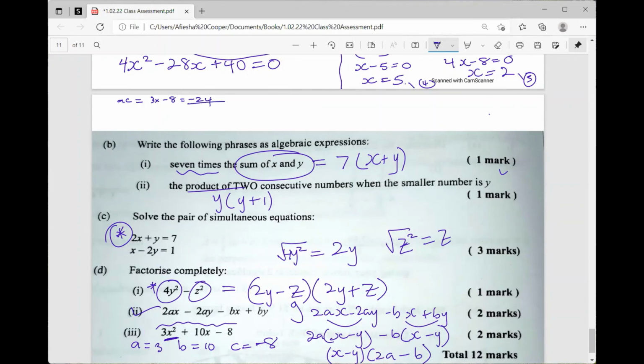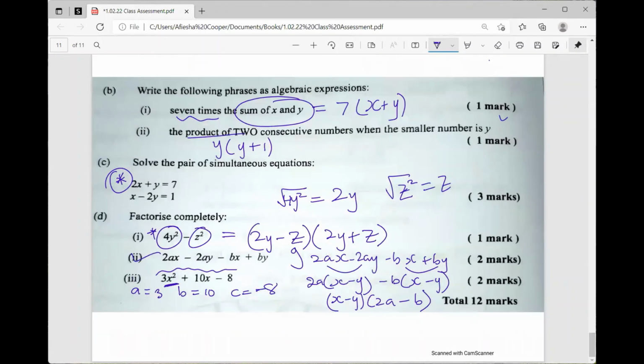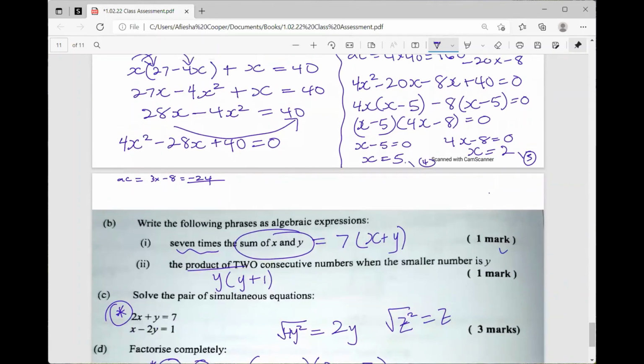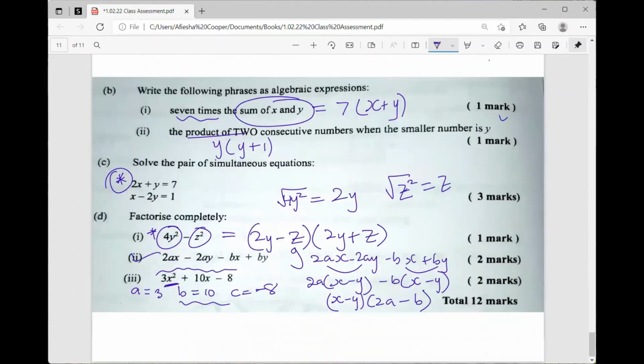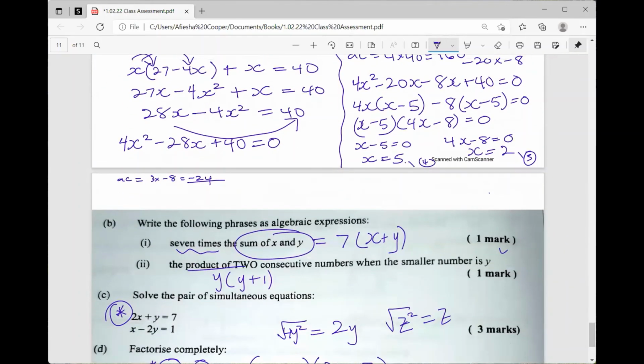Looking for two numbers that multiply to give us negative 24 and add to give us how much? 10, the B value. Looking like a 12 and a 2 somehow. We want positive 10, so the numbers are going to be 12 and minus 2. That will give us negative 24, and 12 minus 2 will give us positive 10. So these are our two numbers.